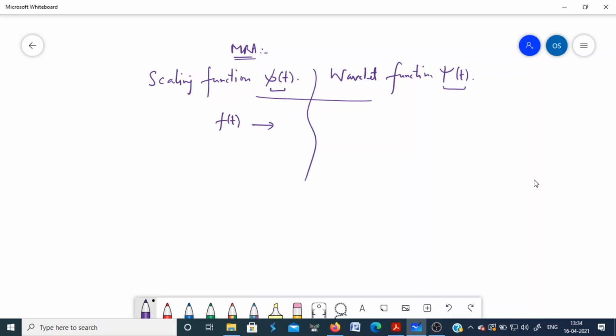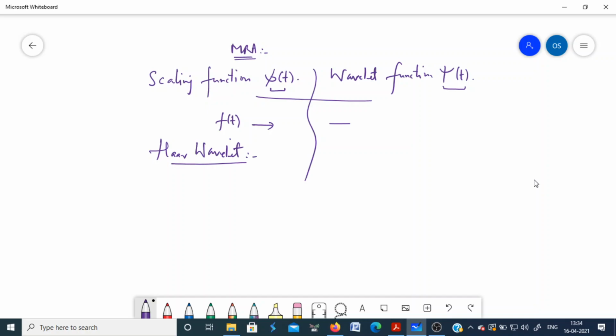So what we do in the multi-resolution analysis, suppose we have a scaling function phi t, and we will take some examples from a wavelet family which is called the Haar wavelet. This is a very basic wavelet system.